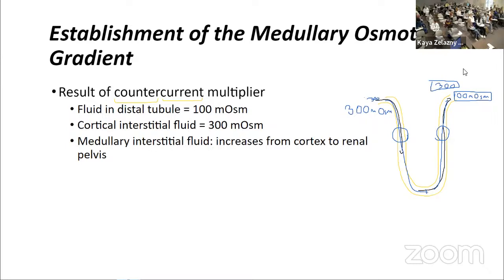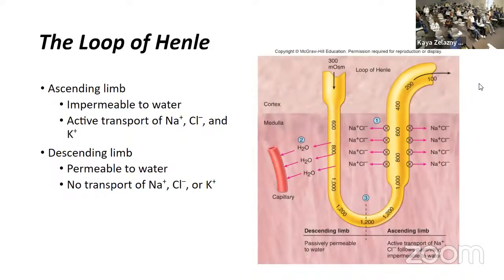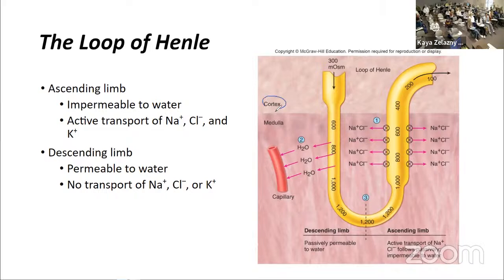So now we're going to take a look at some of the features of the loop of Henle as we start to understand what's going on in this loop in the renal medulla. So this is showing us our cortex. Okay, so our cortex, this outer shell, would be at 300 milliosmoles. The osmolarity of the kidney on here is not labeled. We're just tracing that osmolarity, all these numbers of the fluid.